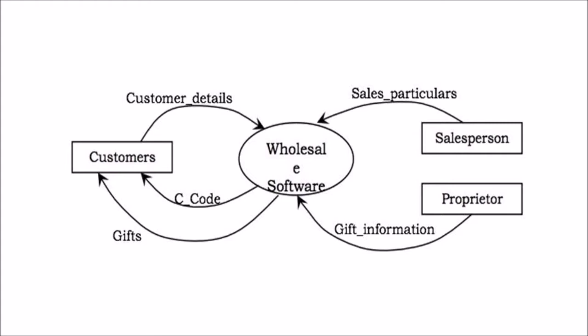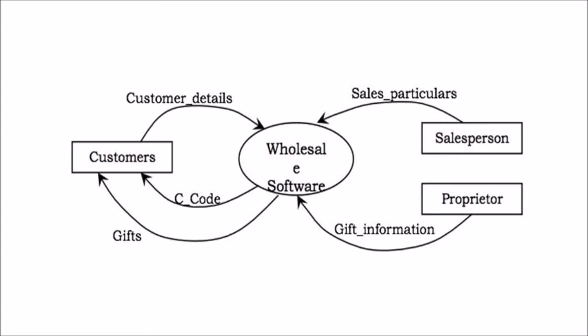For example, let us consider a software system, wholesaler software, that automates the transaction of a wholesale shop. The shop sells in bulk and has a clientele comprising of merchants and retail shop owners. Each customer is asked to register with his particulars and is given a unique customer code that is known as C code.